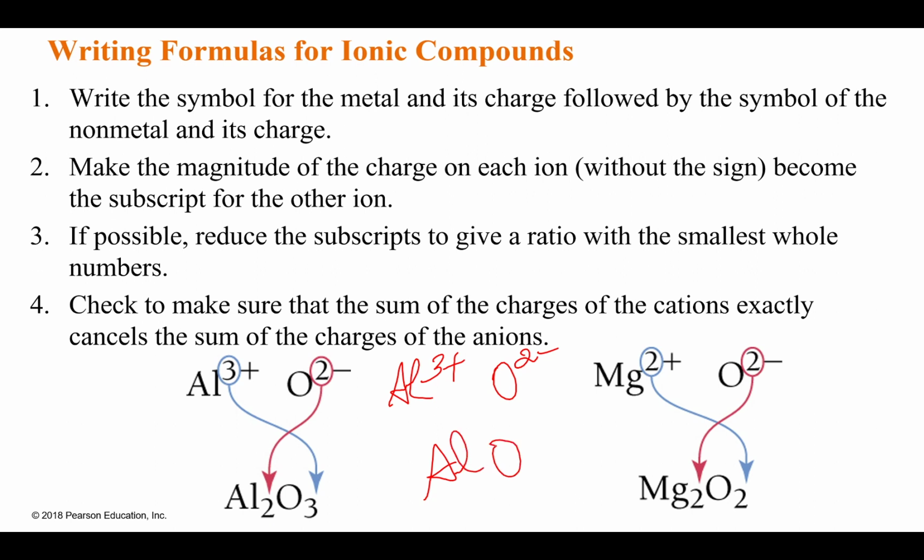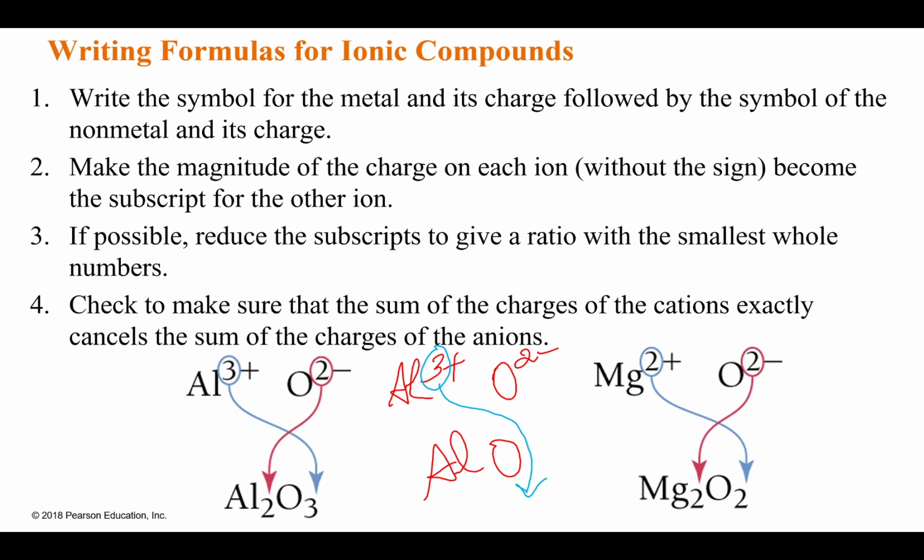Al O. Then I'm going to take, let me change the color here, I'm going to take the magnitude of the charge from aluminum, and I'm going to make that the subscript for oxygen.